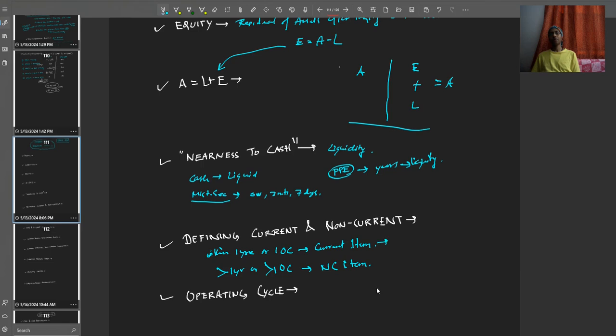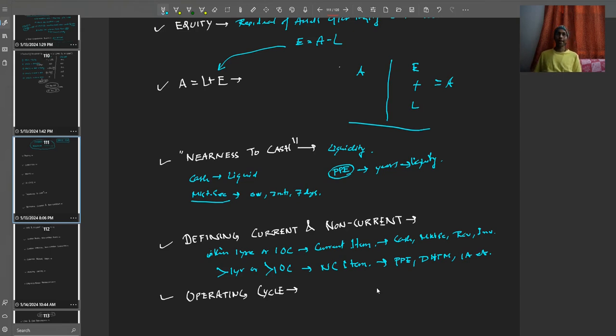Examples of current items, obviously cash, marketable securities, receivables, inventory. Examples of non-current items, property, plant and equipment, debt held to maturity, intangible assets, etc.